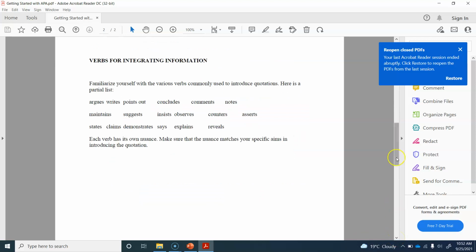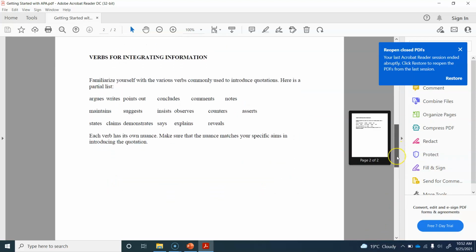Just as a bit of a help or a bit of a cheat, I have listed some verbs that you can use as you're writing to help you integrate information. So there are a number of verbs that are commonly used to introduce quotations. And here's a partial list on the handout. You could say Smith argues, you could say Smith points out, Smith notes, Smith suggests, and you want to have some variation for how you're including that information.